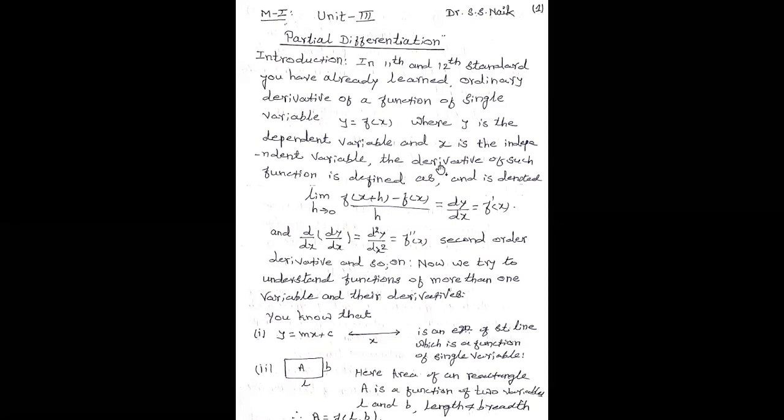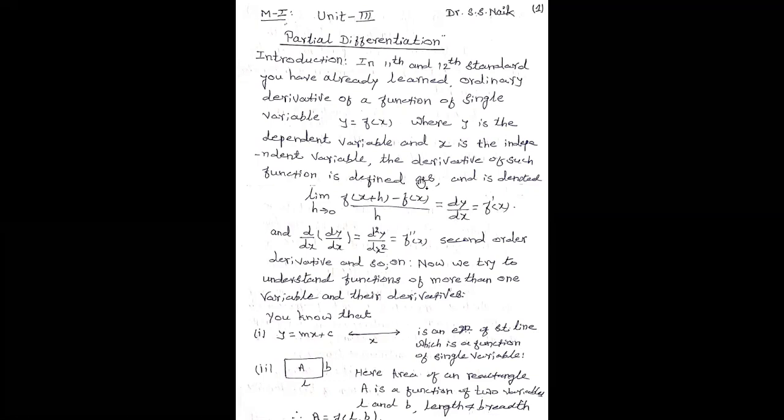The derivative of such a function is defined as, and denoted by, limit h tends to 0 of f of x plus h minus f of x divided by h. This is also denoted by dy by dx, or f dash of x.